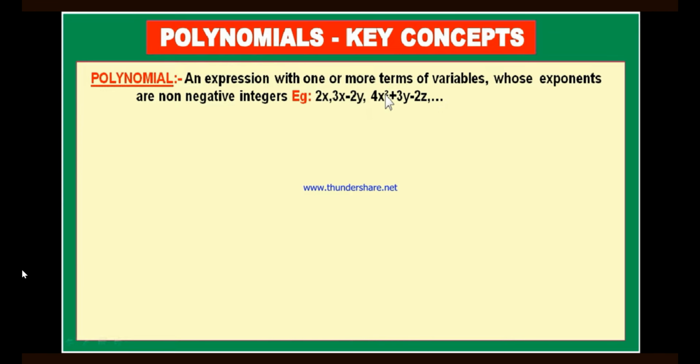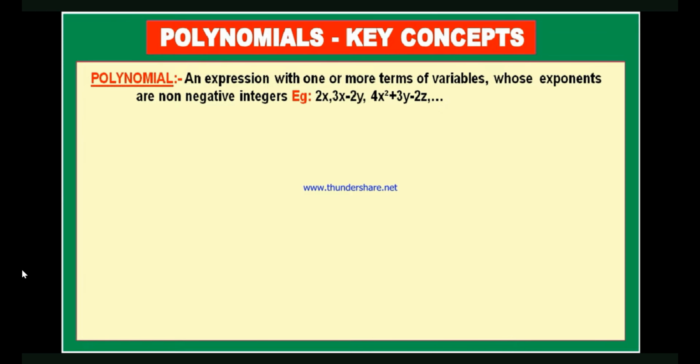The exponent of x is 2, which is a non-negative number. And 3y, what is the exponent of y? y power 1, again a non-negative integer. Minus 2z means minus 2z power 1, again a non-negative integer. All these are examples of polynomials.